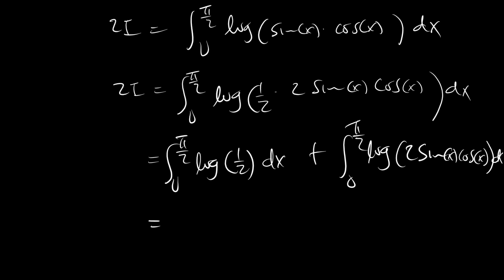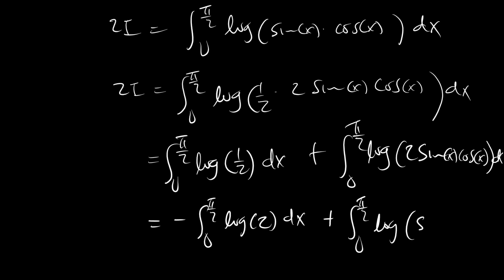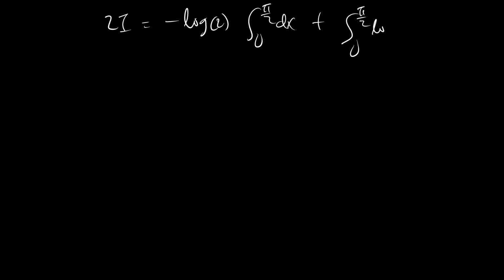So which is the same as negative the integral from 0 to pi over 2 of log of 2, plus the integral from 0 to pi over 2 of log of sine of 2x. Okay. So 2I is equal to negative log 2 times the integral from 0 to pi over 2 of dx, plus the integral from 0 to pi over 2 of log of sine of 2x.